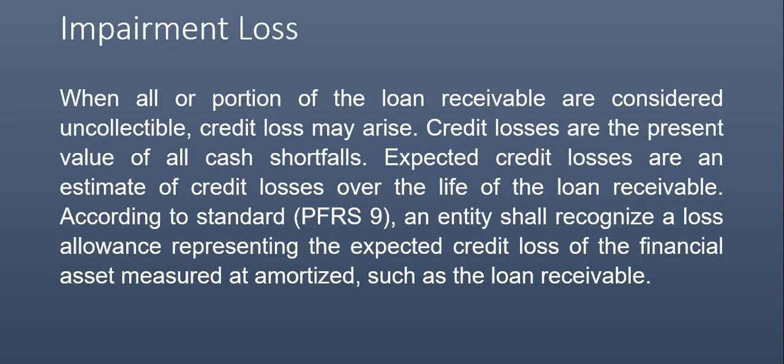Expected credit losses are an estimate of credit losses over the life of the loan receivable, according to the standards in PFRS 9. An entity shall recognize a loss allowance representing the expected credit losses of the financial asset measured at amortized cost, such as the loan receivable.